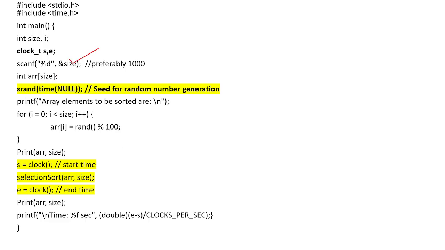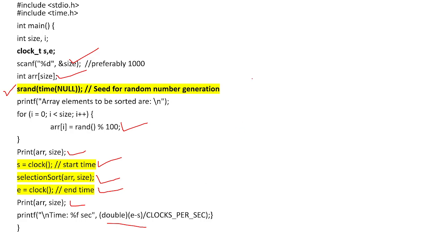Read the array size, declare the array, and use the random number generator concept. Adjust that number, take the integer part, print the array, note the starting time, call the selection sort by sending the array and size, note the end time, print the array, and display the time.